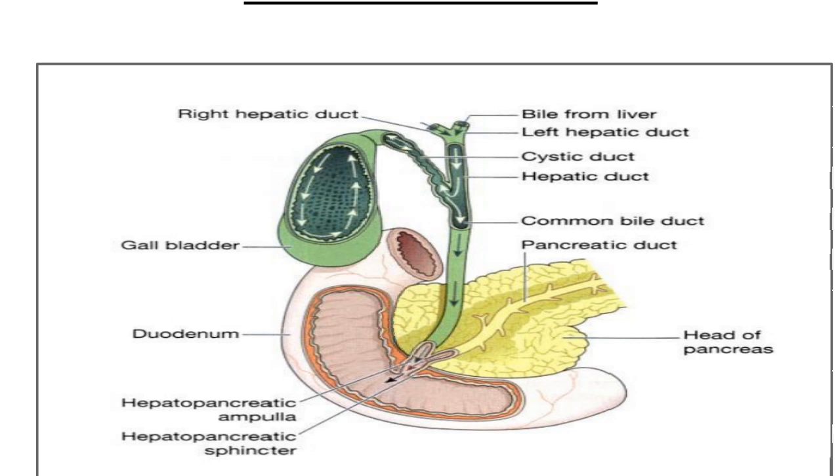Now let's talk about the flow and production of bile. Bile is produced from the breakdown of red blood cells, which we call hemolysis.